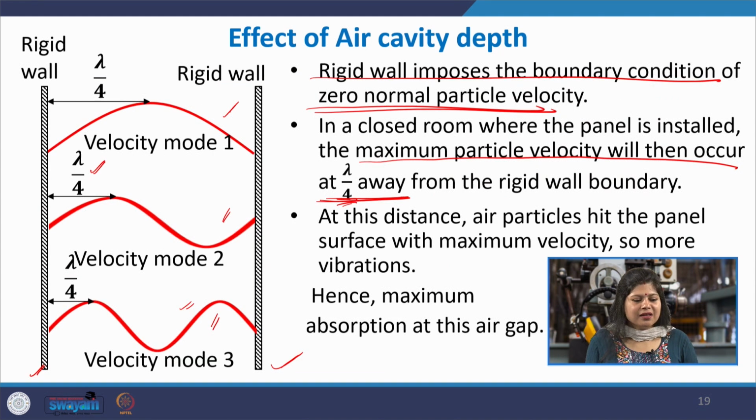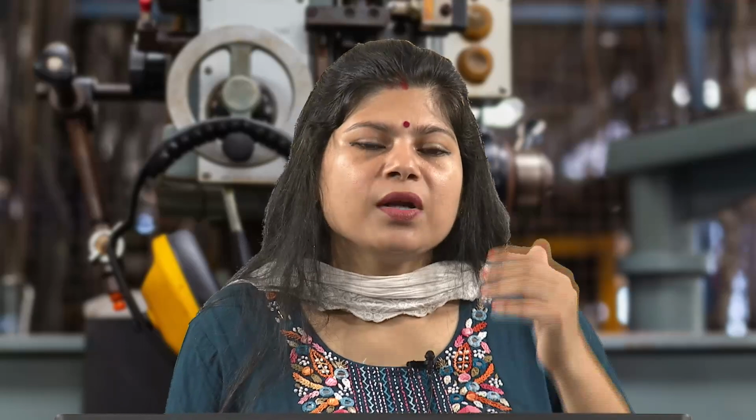So, if you maintain the panel, suppose you are having a hanging panel or you just have a fixed panel and you are thinking where should I install it to get maximum benefit. Whatever is your frequency of interest, suppose you want to curve down a frequency of 1000 Hz, then you would first find out what is the lambda corresponding to that 1000 Hz.